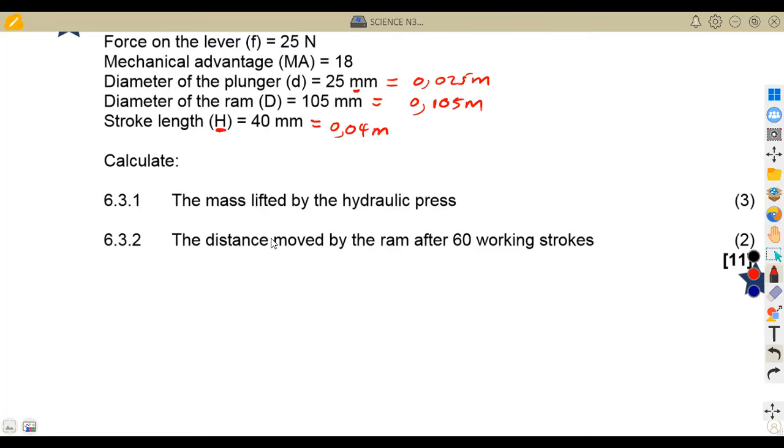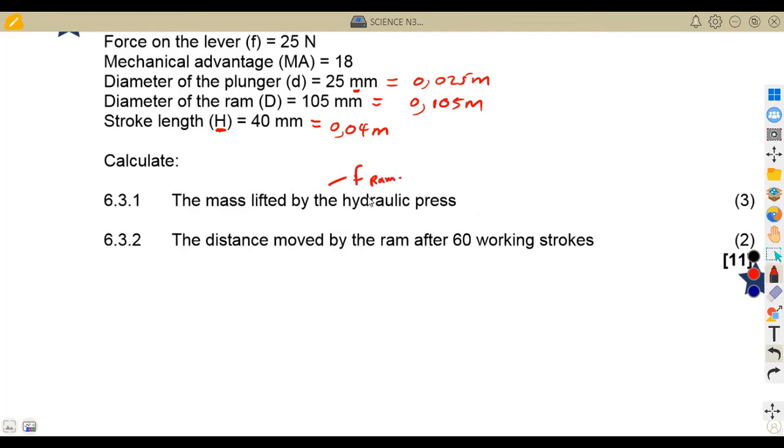All right. So from the information, the first question on 6.3.1 is for us to calculate the mass lifted by the hydraulic press. We know that the mass lifted is going to come from the force that acts on the ram.